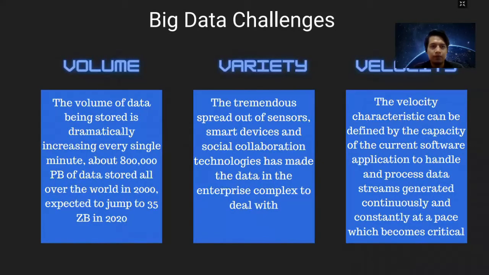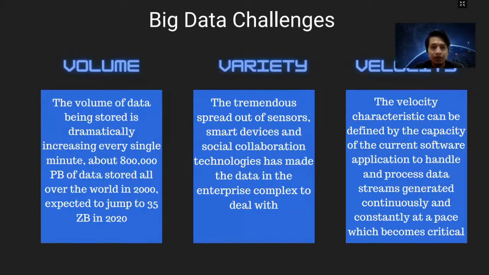So, the big data challenges are volume, variety, and velocity. When we look at volume, the challenge is that the volume of data being stored is dramatically increasing every single minute, about 800,000 petabytes of data stored all over the world in 2000, and this is expected to jump to 25 ZB (zettabytes) in 2020.